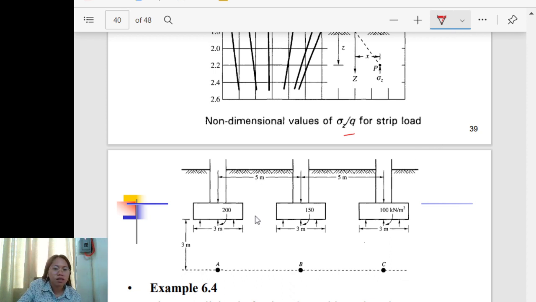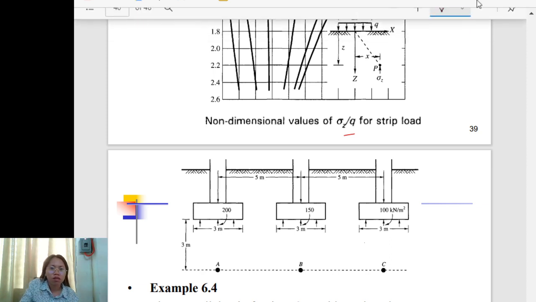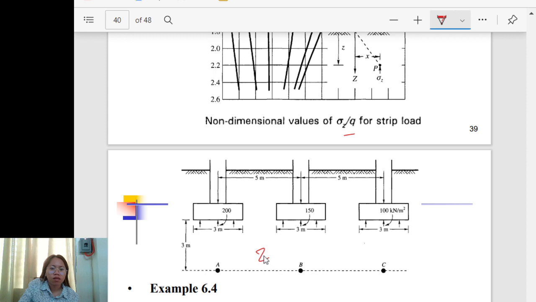This one. This is the z. This is the z, no? Which is equal to, from here to here is equal to 5. The effect of this footing on the first footing, no?